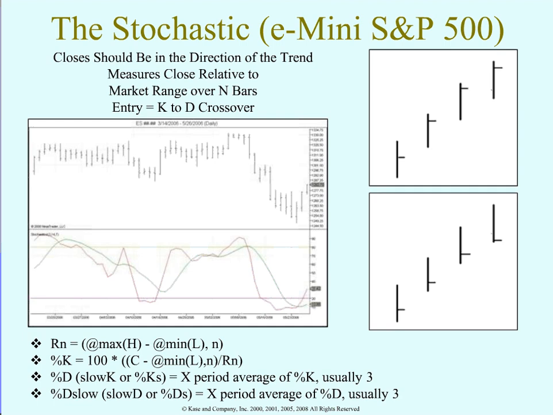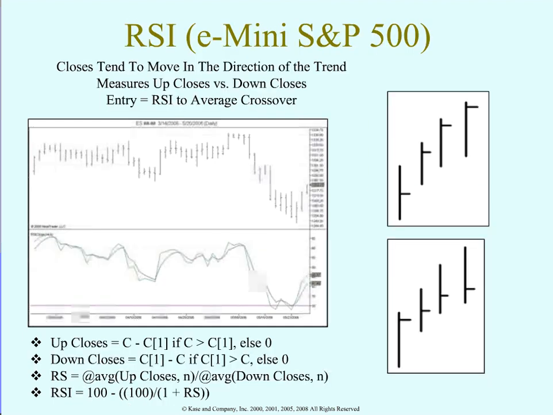And this is just a picture of what it looks like. You can always tell which is the K and which is the D by which one is smoother. The smoother is always the D.